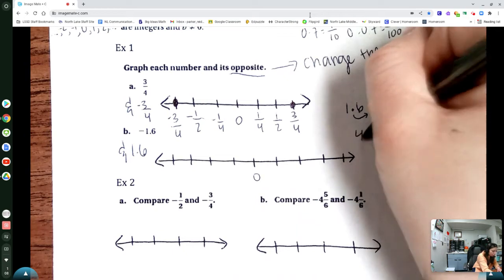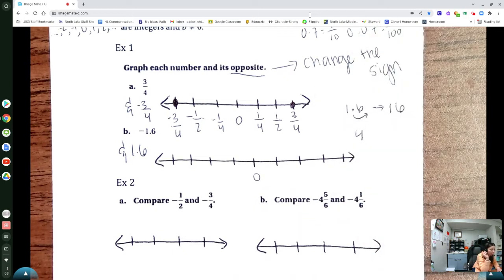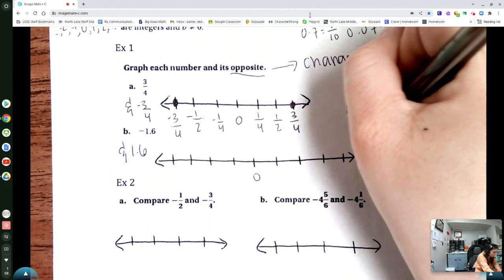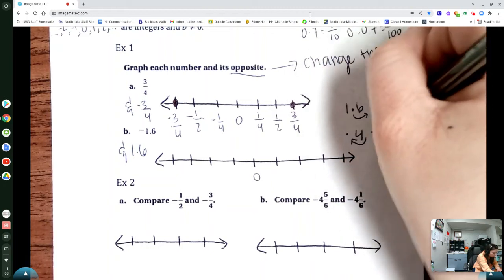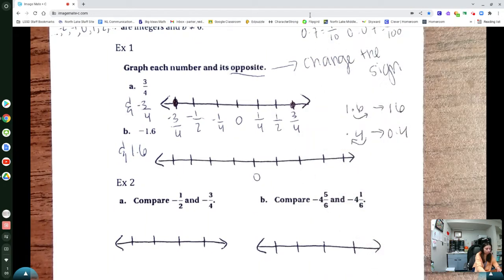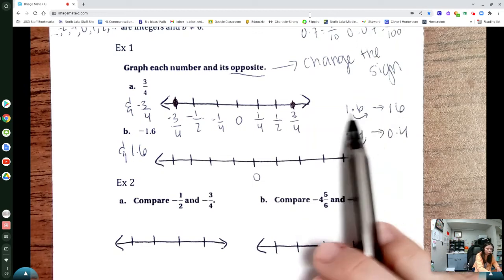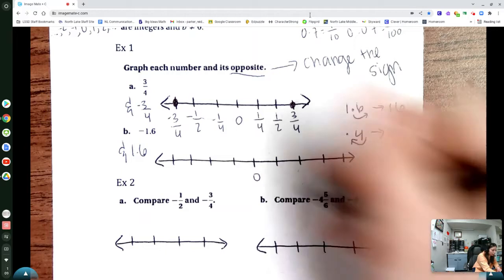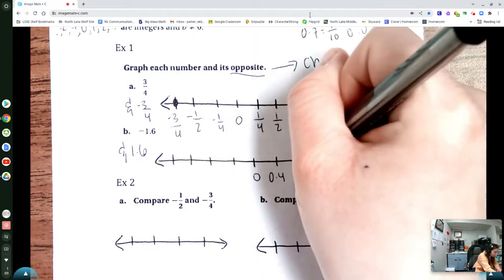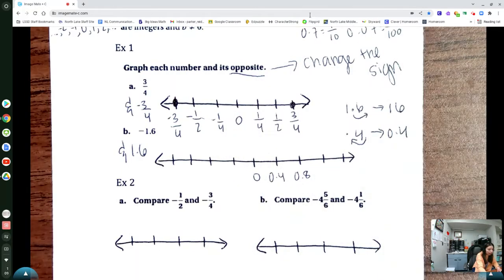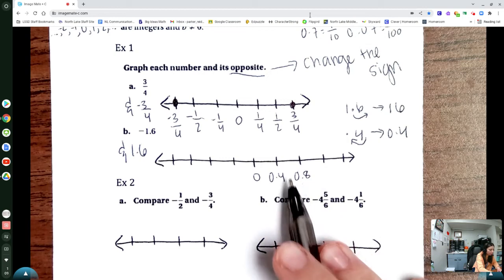But remember, we removed the decimal, so now I need to put it back into this number. That means I'm going to count by 0.4s. I could count by 4s to get to 16, so I'm going to count by 0.4s to get to 1.6. First I have 0.4, then 0.8. Next, you might think it's supposed to be 0.12. That does not work because 0.12 is actually smaller than both of these.